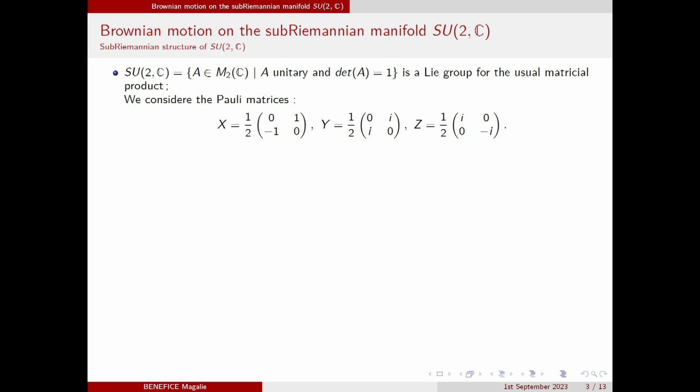And so on this Lie group, to construct the sub-Riemannian structure, I will consider the Pauli matrices, which are here, which are part of the associative Lie algebra, and so which are part of the tangent space in the neutral point here, U2.